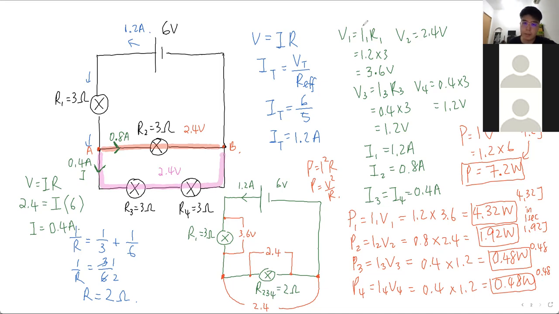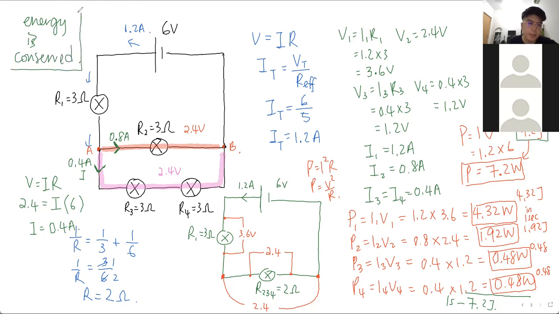Okay, so in 1 second, the total energy consumption is 7.2 joule, and exactly my battery also supplies 7.2 joule every second. So what does this tell you? It tells you energy is conserved in the electric circuit. Conservation of energy: you supply this much energy, and this much energy has to go somewhere.